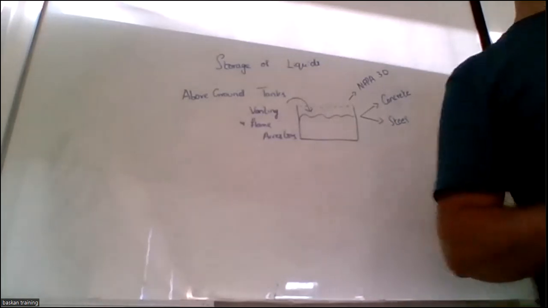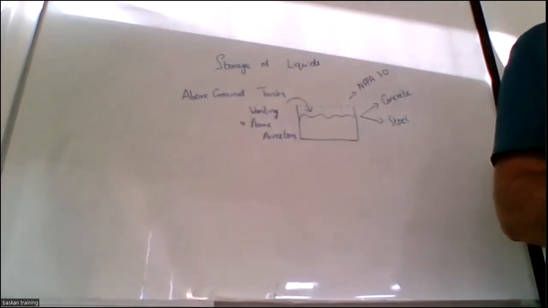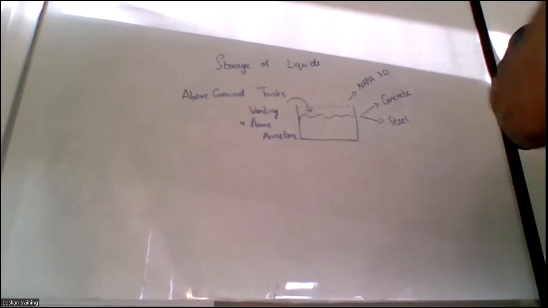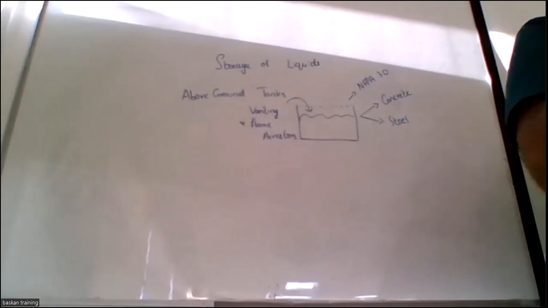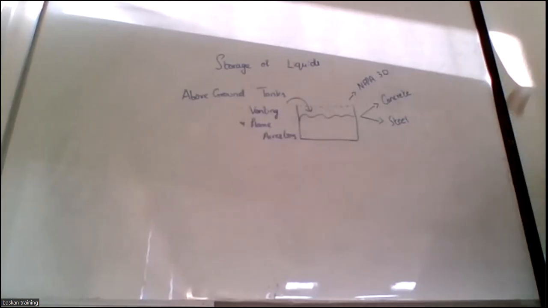Sometimes you will see that when a liquid is transferred at a specific pressure, friction occurs, electrostatic charges accumulate, and what happens? Spark, flame. But actually you're only transferring liquid from one tank to another tank. So where did the flame come from?